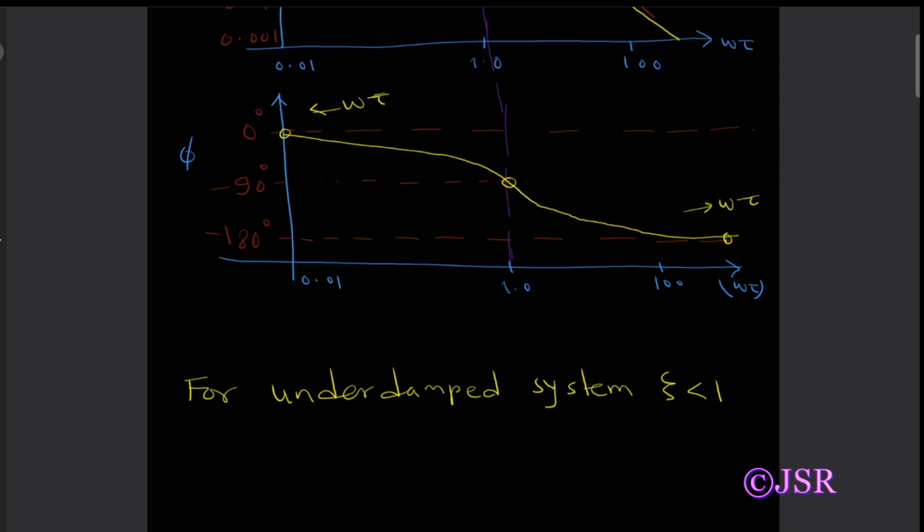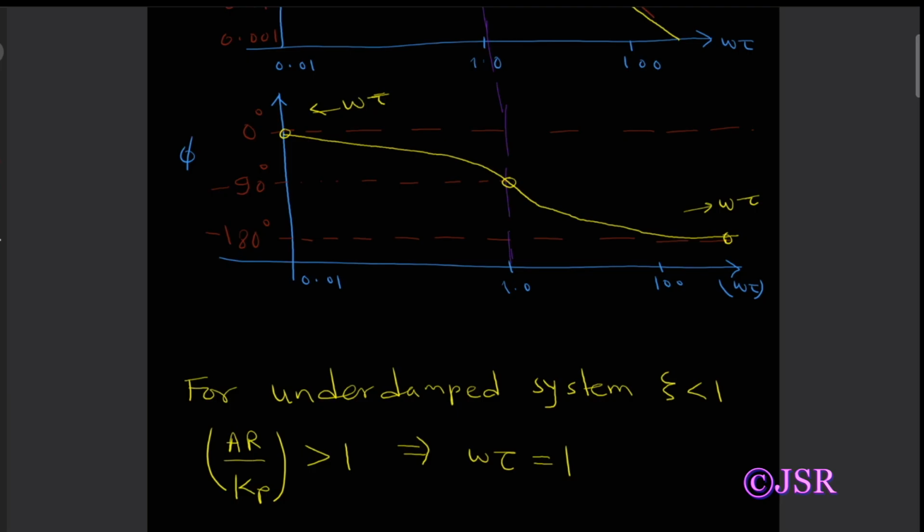So when zeta is less than 1, the amplitude ratio versus Kp will be much greater than 1 at omega tau equal to 1.